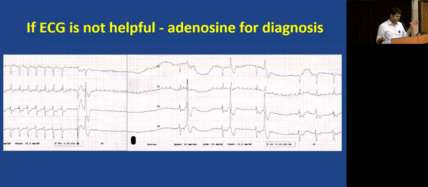This narrows down the possibilities to the other two: atrial tachycardia or atrial flutter, because in these two regular tachycardias, the AV node is not an obligatory part of the circuit. So when you block the AV node, if it doesn't terminate, if it unmasks like this, then it is either atrial tachycardia or atrial flutter.